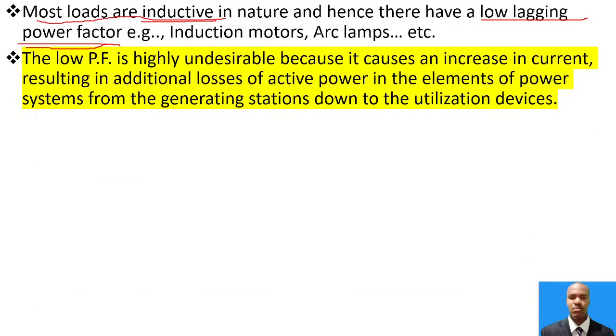Now, low power factor is highly undesirable, since it causes an increase in current, which results in additional losses of active power.